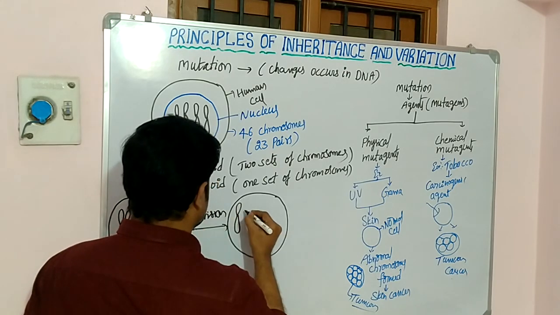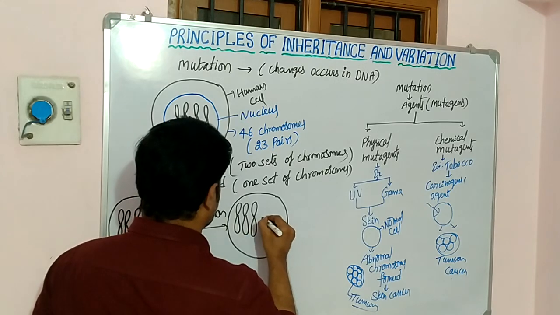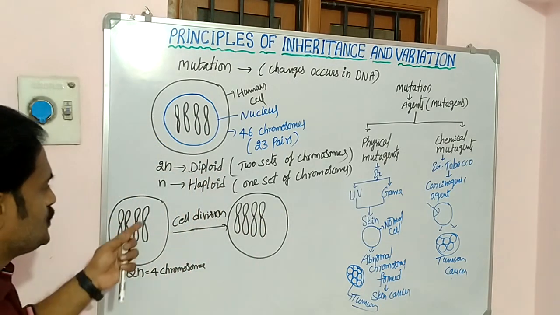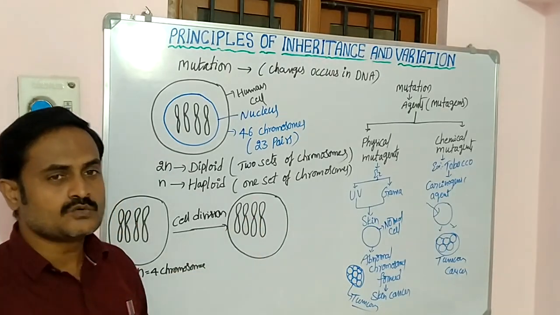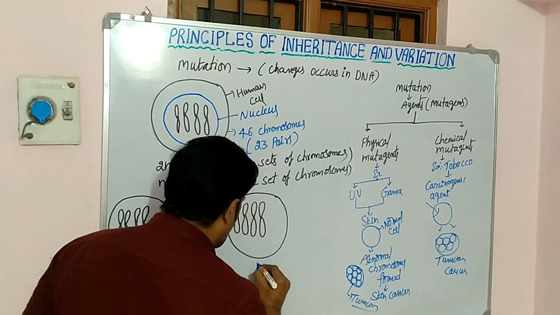So this is a 2n cell. When it participates in cell division, then two abnormal cells form, here one haploid set.